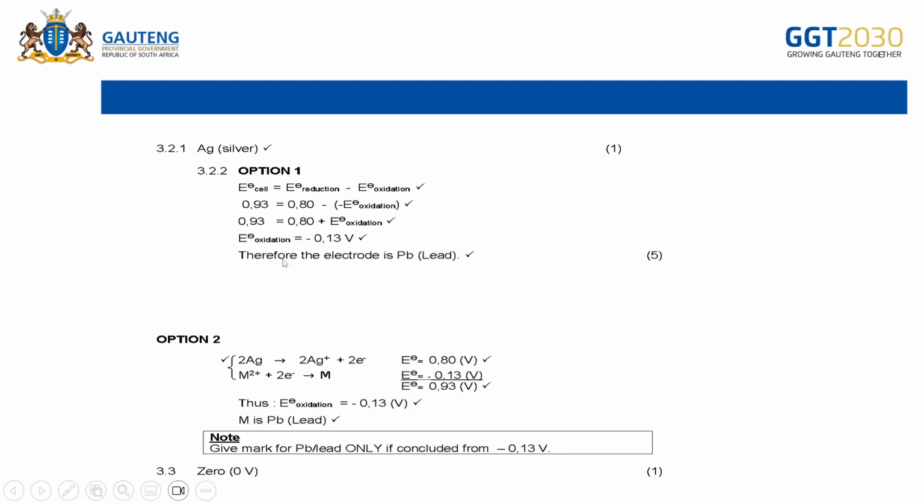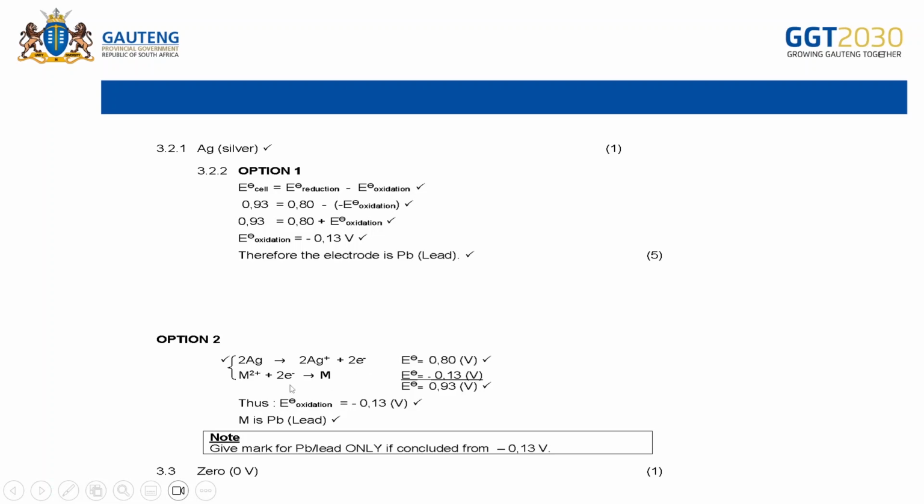As soon as you get an answer of 0.13 volts, you need to take this answer back to the standard reduction potential table. When we're checking there, we discover that the electrode which has a value of 0.13 is lead. So this tells us that electrode M, the one we said was unknown, is actually lead.